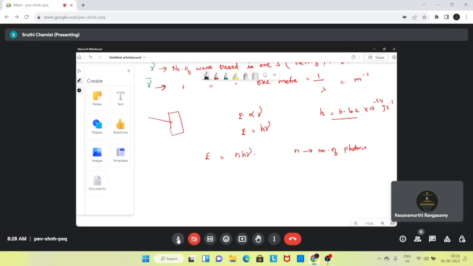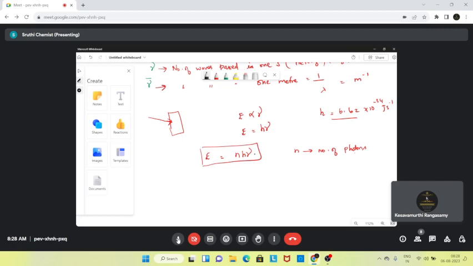The energy is the light energy, which is of photons, small packets of light energy striking an object. To find the energy, E is equal to N h nu. N is the number of photons, h is Planck's constant, and nu is the frequency. This is again a very important formula.